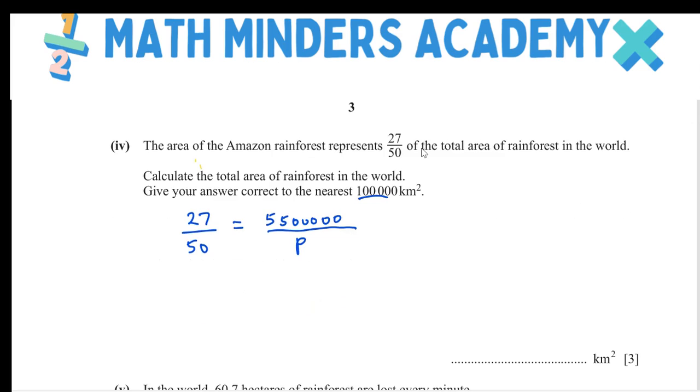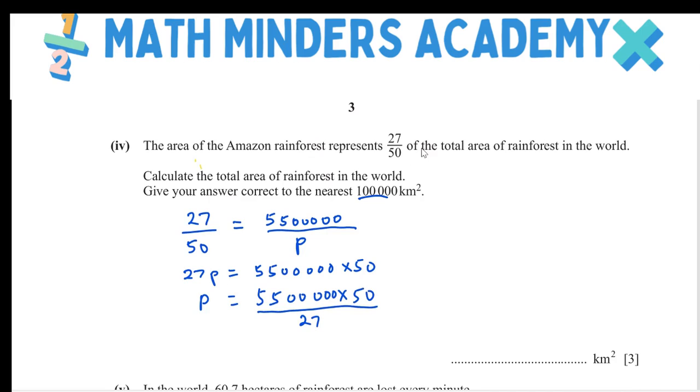All right. So when you cross multiply, you get 27P equals 5,500,000, then times 50. So P represents the total rainforest in the world. So we have 5,500,000 times, I think that should be one more zero, times 50 all over 27.